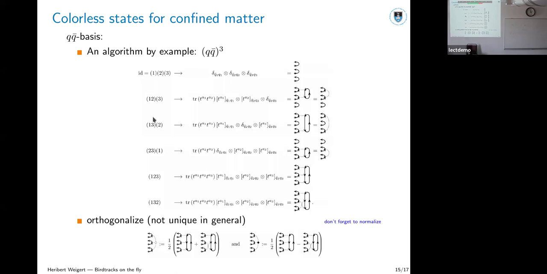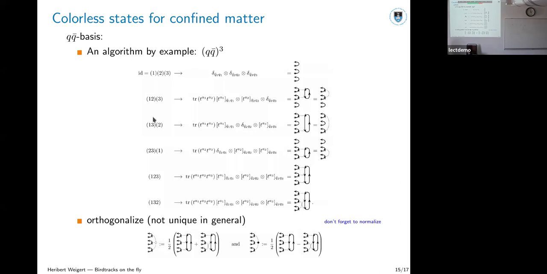How am I doing this? Well, S3 is a good example, right? I write the identity element and I throw back in all those usually suppressed one cycles. Each one cycle is turned into a Kronecker delta of the sort that I just introduced.